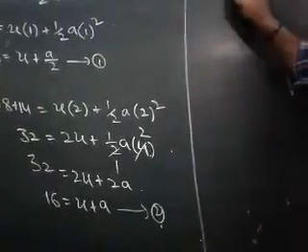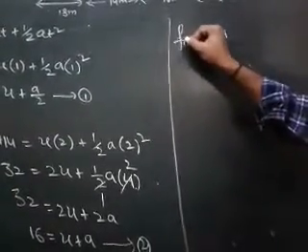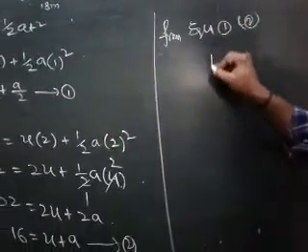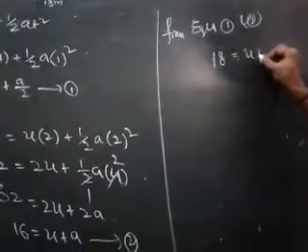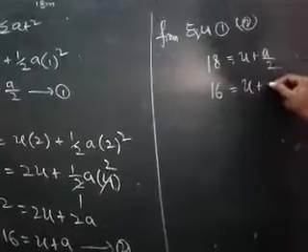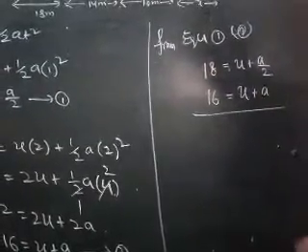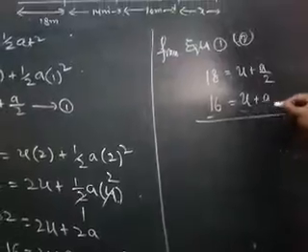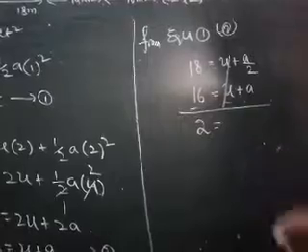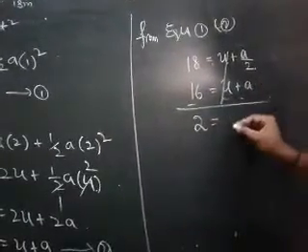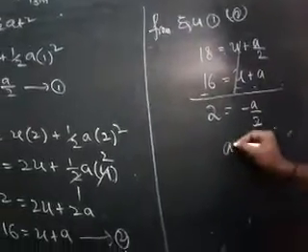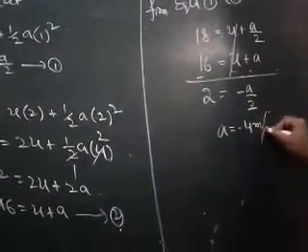So from equations 1 and 2, 18 is equal to u plus a by 2. Next 16 is equal to u plus a. Solve it. From this, 18 minus 16, u cancels, a by 2 minus a, that is minus a by 2. a is equal to minus 4 meter per second square.